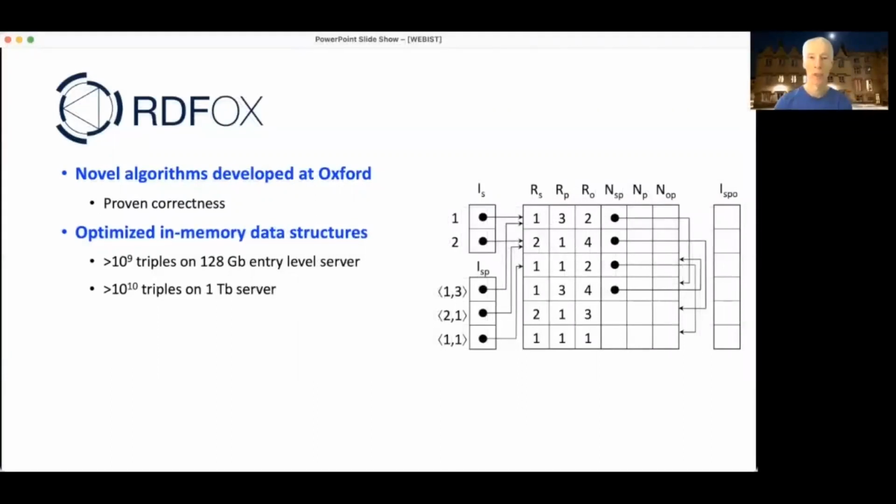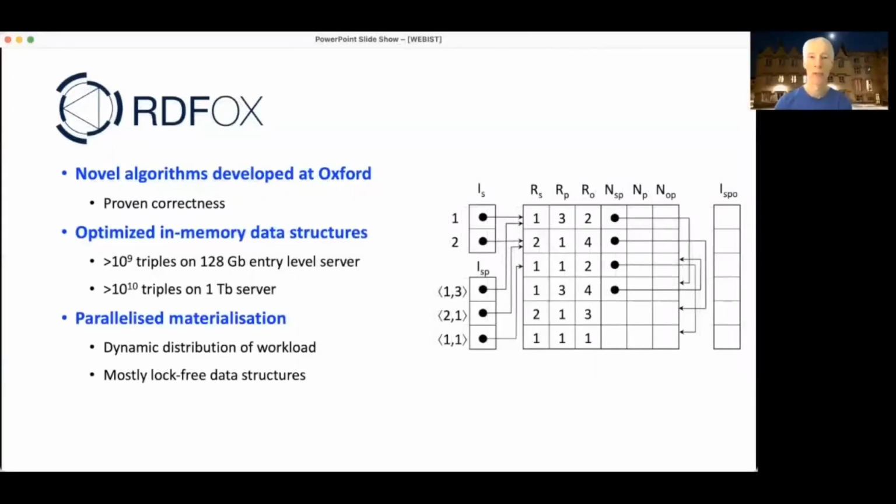RDFox exploits modern multi-core architectures in order to parallelize materialization. To balance the workload, each thread retrieves a new triple from the triple table, processes it using the rules and any preceding triples, and writes any resulting triples back into the table. This is in fact the well-known semi-naive algorithm.